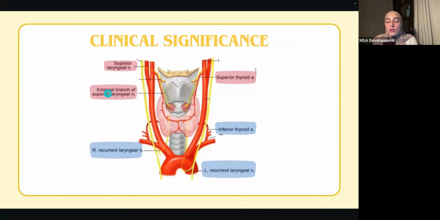This external laryngeal nerve basically means the superior laryngeal nerve. It's just a branch from it. The external branch of the superior laryngeal nerve runs directly with the superior thyroid artery. They're very close, okay? And what's close to the inferior thyroid artery? The recurrent laryngeal nerve. So just know this very well. The superior thyroid artery comes from up, and what runs with it?